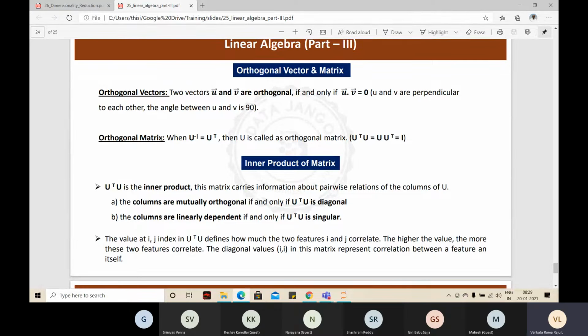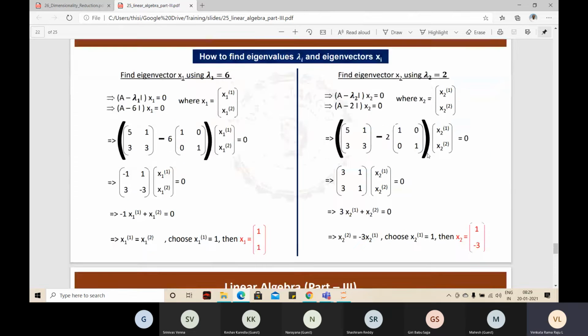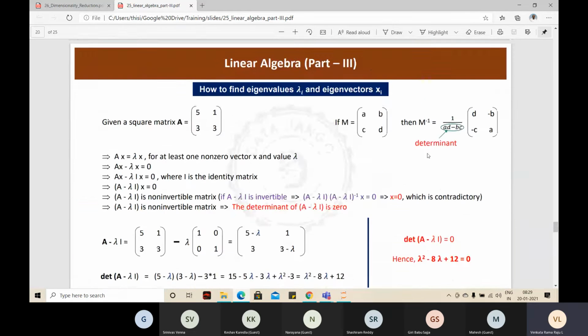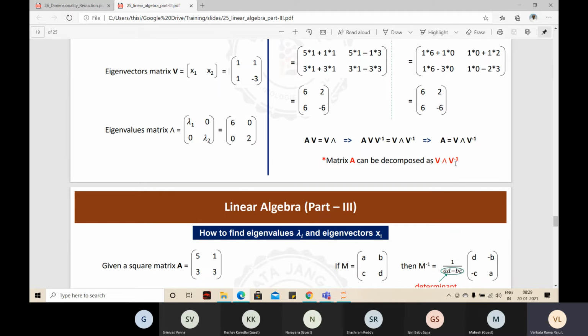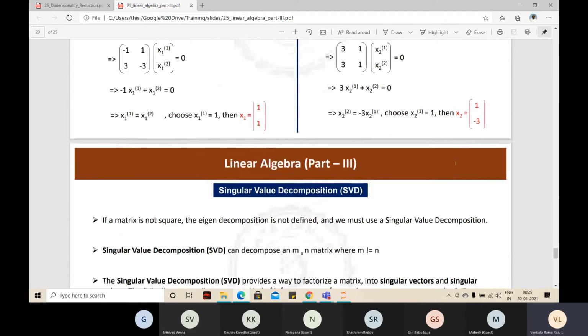Okay, this point is very important. If you look at this eigenvector decomposition, since U inverse and U transpose are the same, you can put the transpose also here. V sigma, V lambda, V transpose also you can put here. Right? That way they are the same. They're kind of similar. Okay.